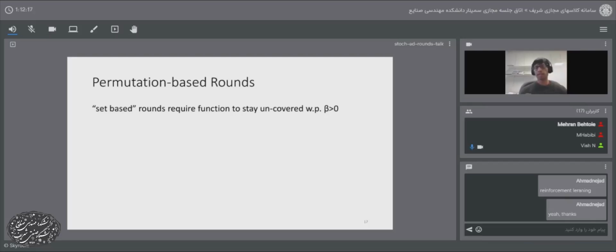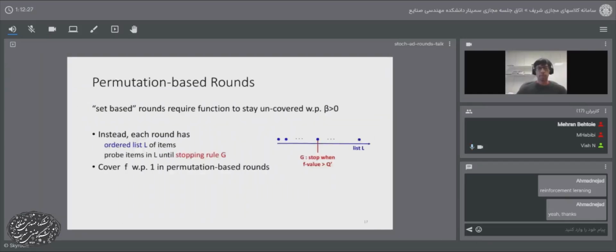But in designing algorithms, it'll be more convenient to work with a slightly different model of adaptive rounds, where we have in every round an ordered list of items that we are going to probe sequentially until some stopping rule. So notice that within each round, we are still being sequential.